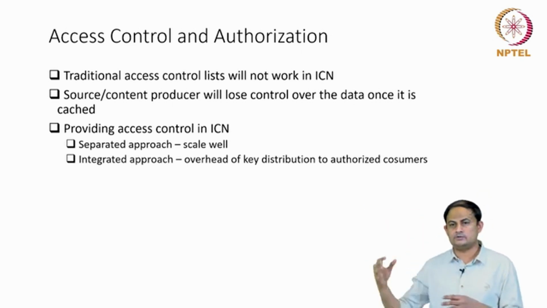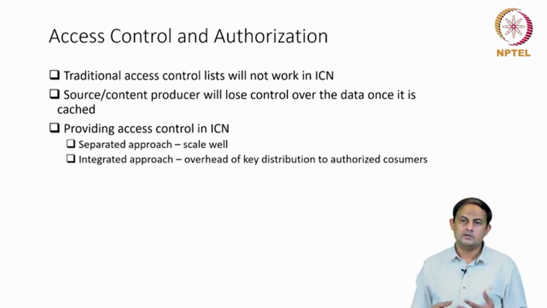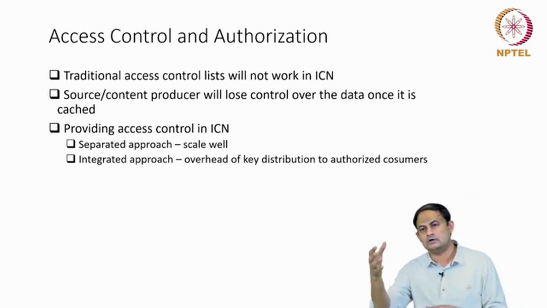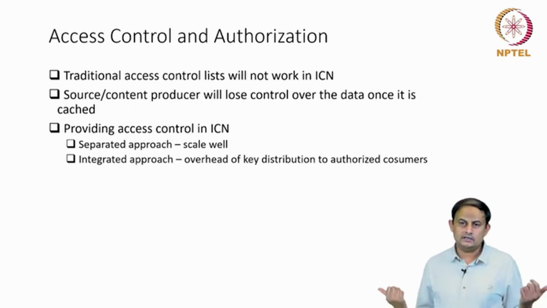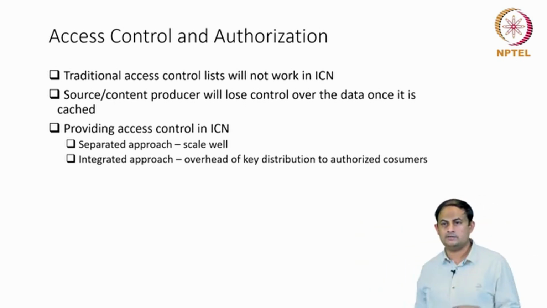Since the server has the details of who is making the request, the server can verify and then authorize a particular user, whether he is allowed to access the content or not. But in ICN networks, what we are talking about is a network having the ability to cache the content.